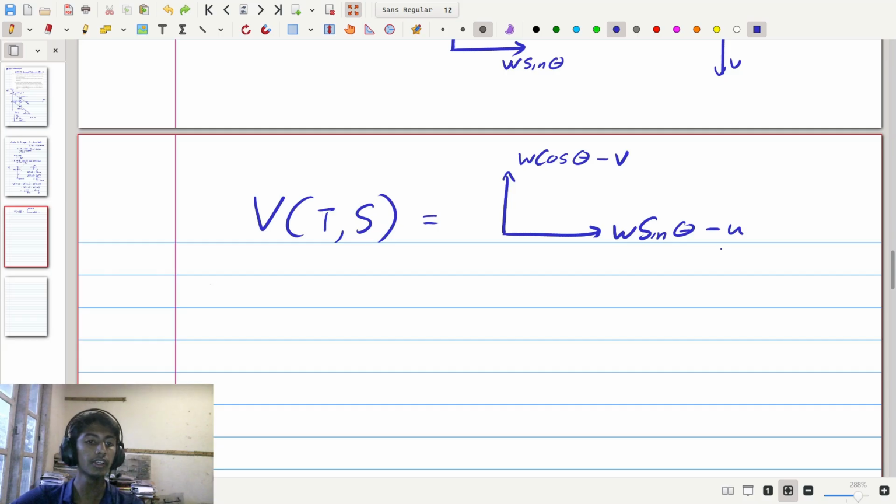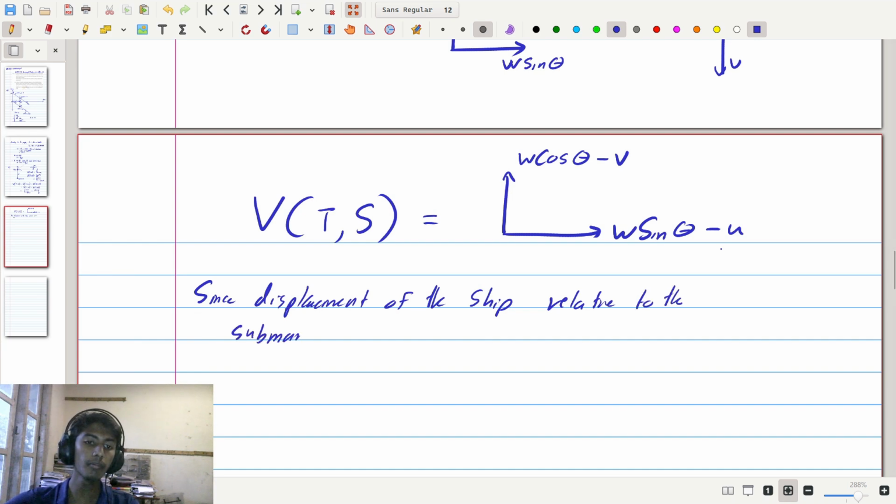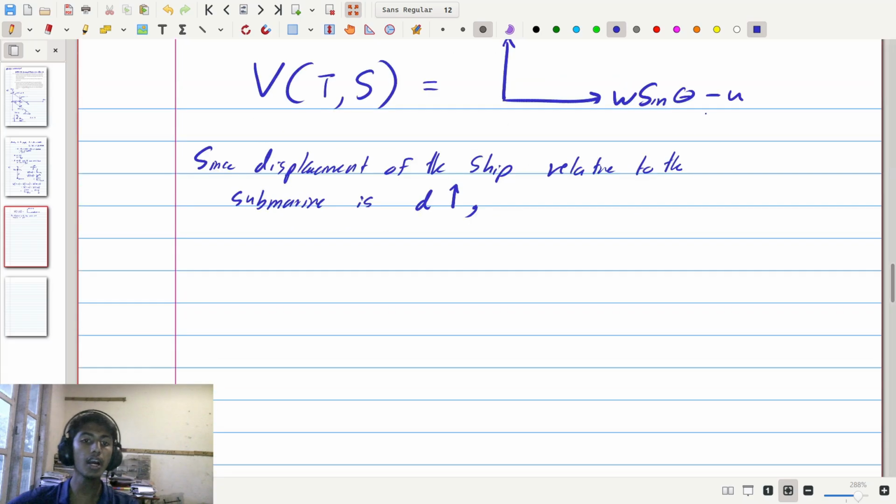So since the displacement of the ship relative to the submarine is d in the vertically upward direction, we can say that w sine theta minus u times t, where t is the total travel time, must be equal to 0.